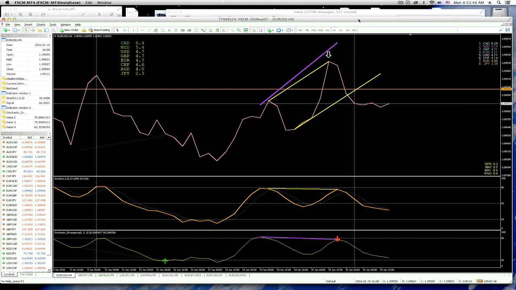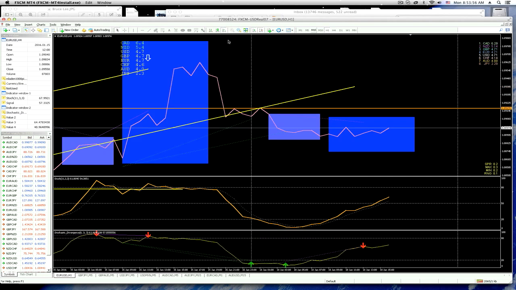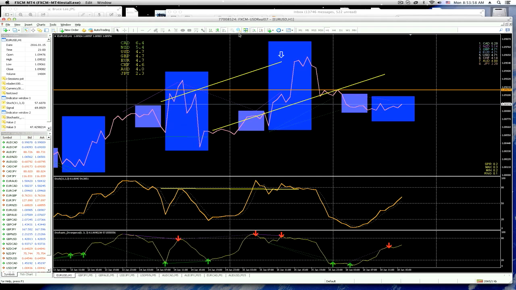So I'll go down to the next lower time frame. In this case that would be a 1 hour, since we're on a 4-hour chart. Here you can see my trend line, and this arrow marks the 12 o'clock candle on the 4-hour bar.